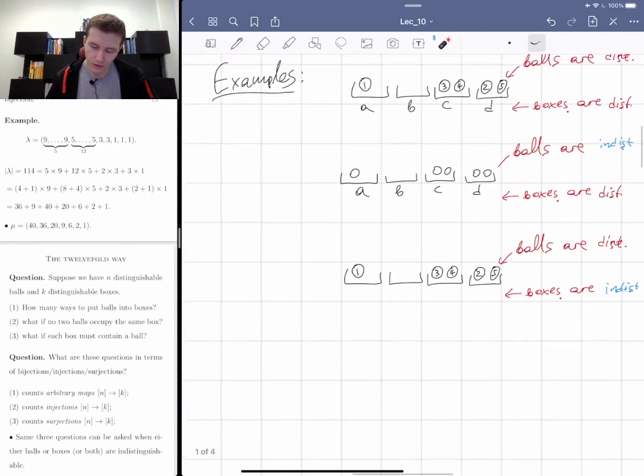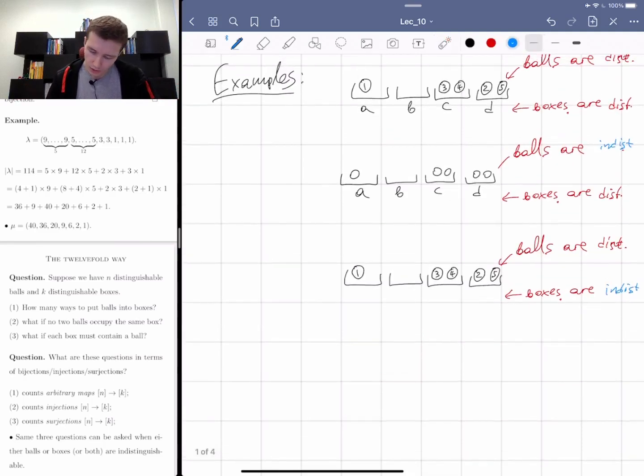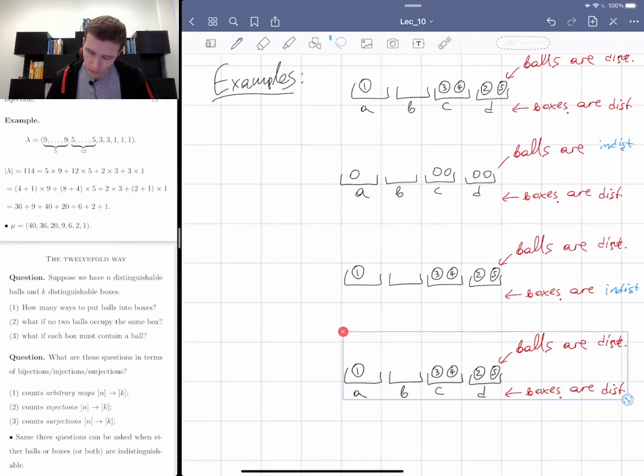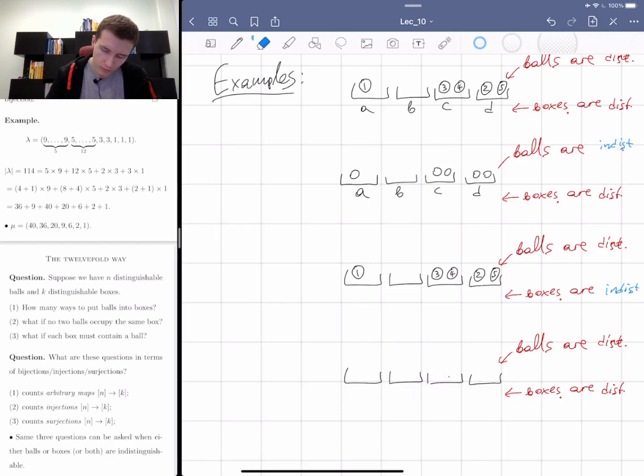And finally, you can even consider the case where the balls and the boxes are both indistinguishable.